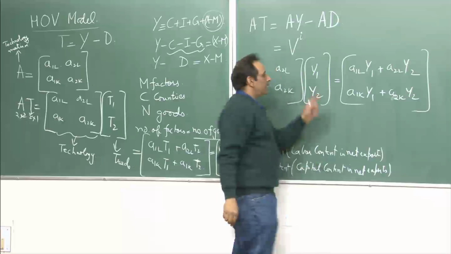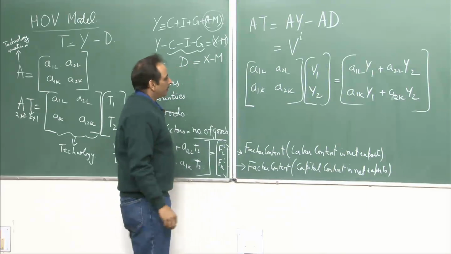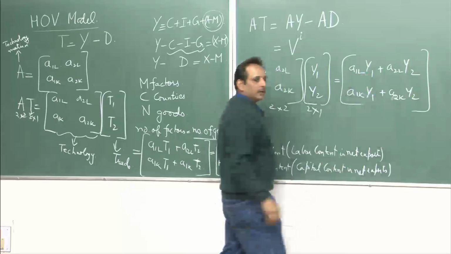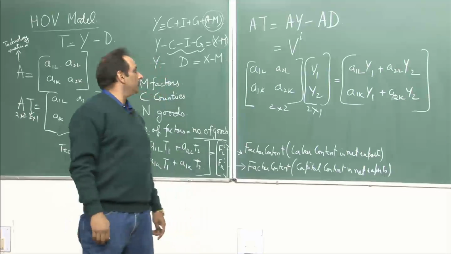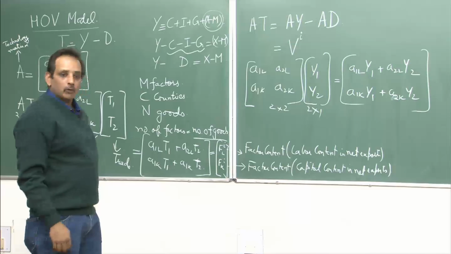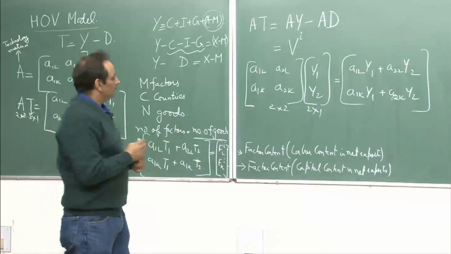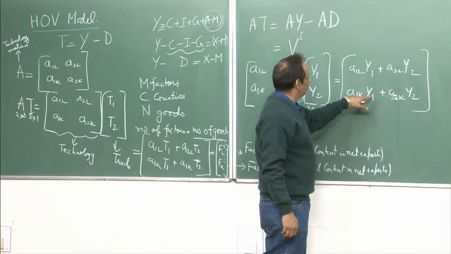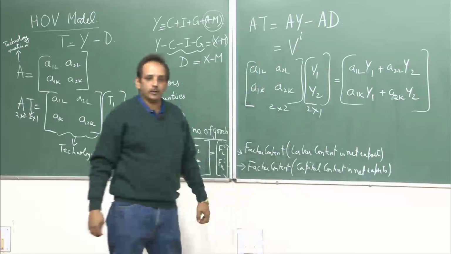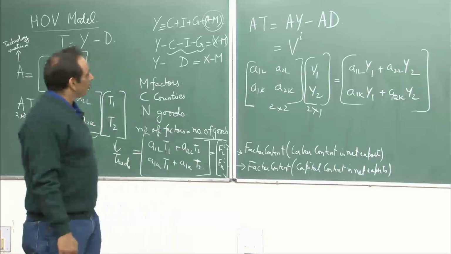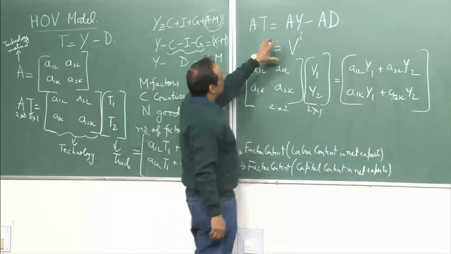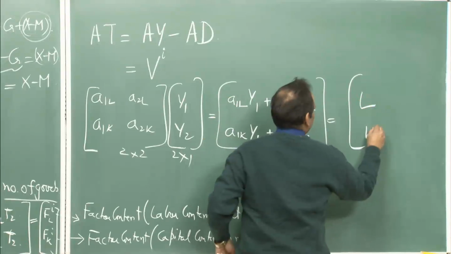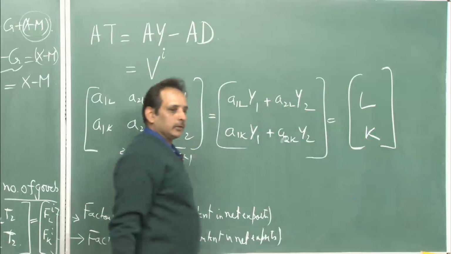You can see that the first row gives the total labor required to produce the output, and the second row gives the total capital required to produce the total output. So, this gives the labor endowment and this gives the capital endowment.